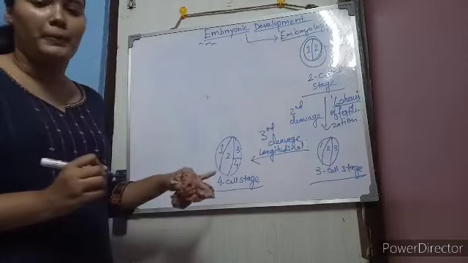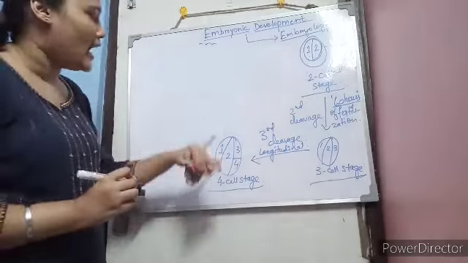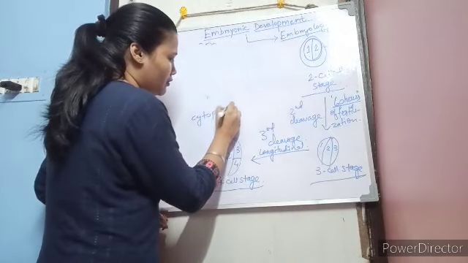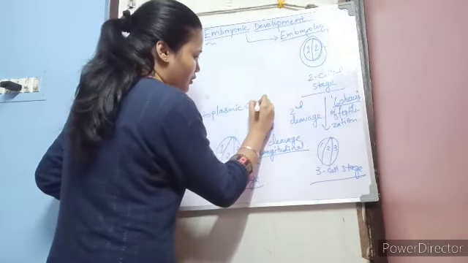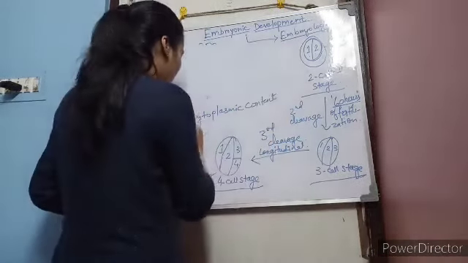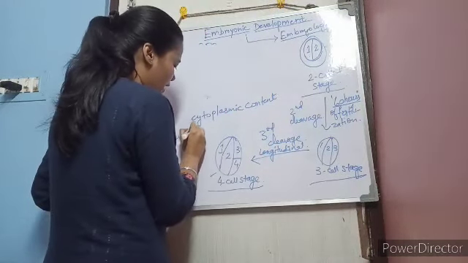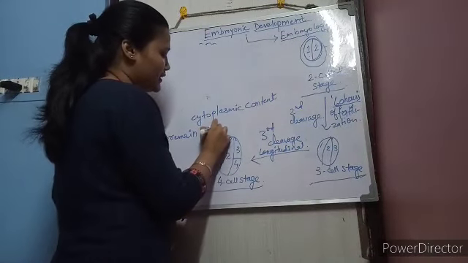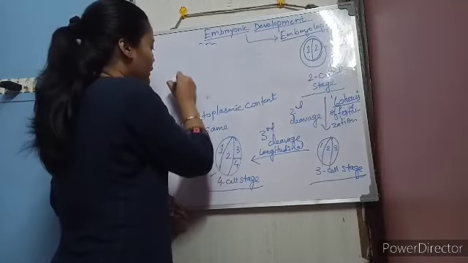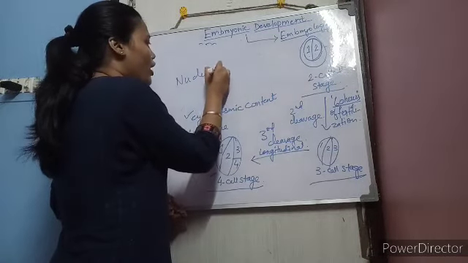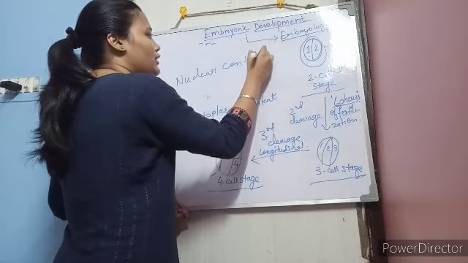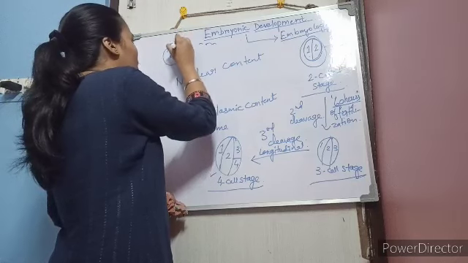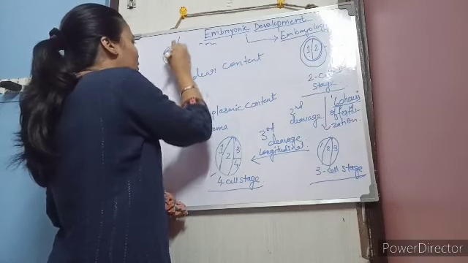Very important point. Now it has become the 4-cell stage, and the cytoplasmic content of the whole zygote will remain the same, but the nuclear content will not remain the same. When the ova was there and the sperm fertilized it, it became 2n, right?